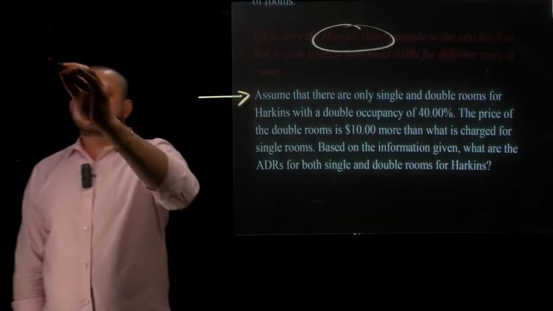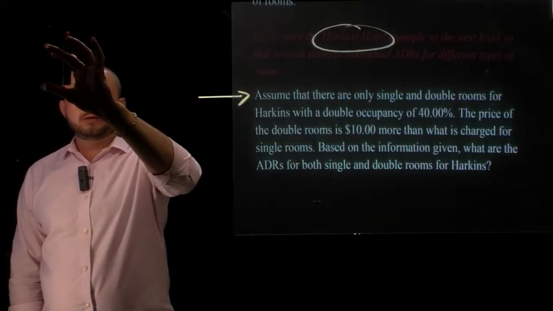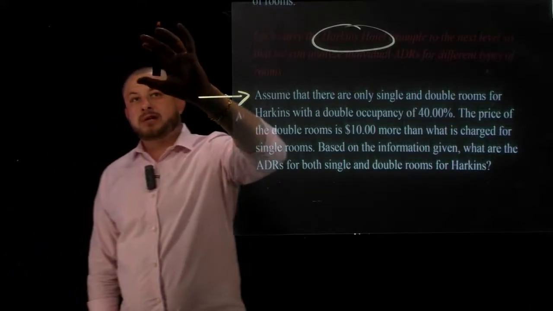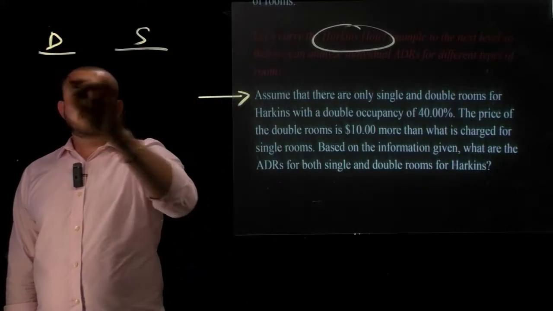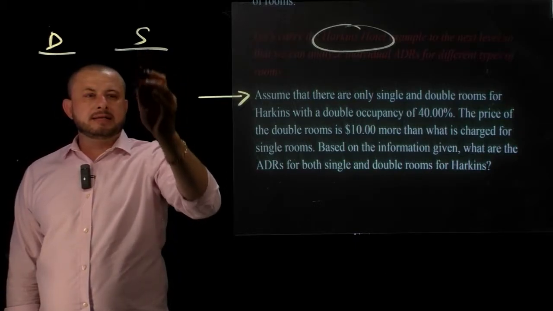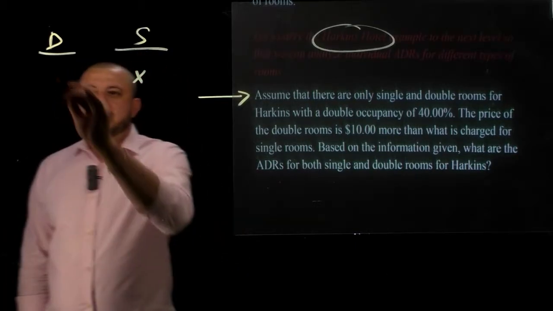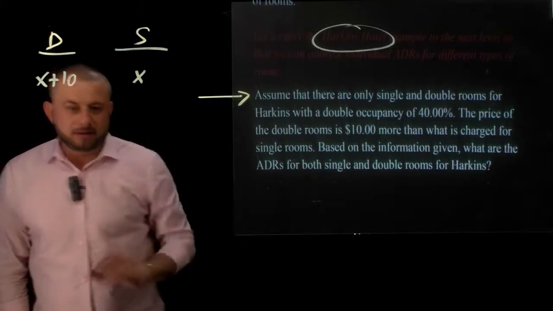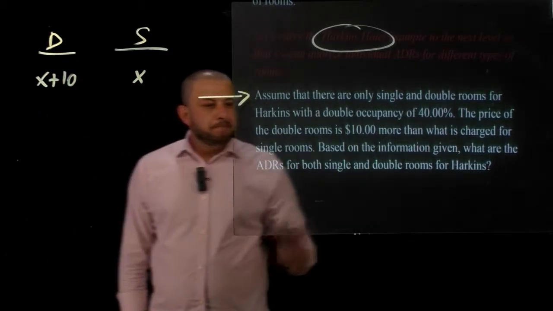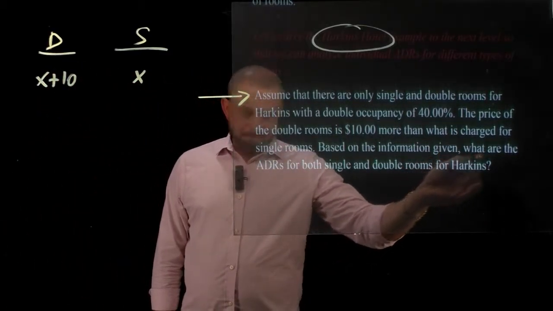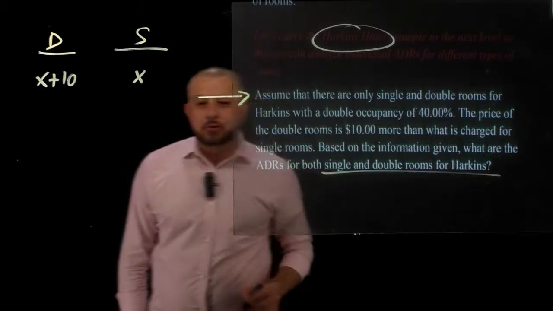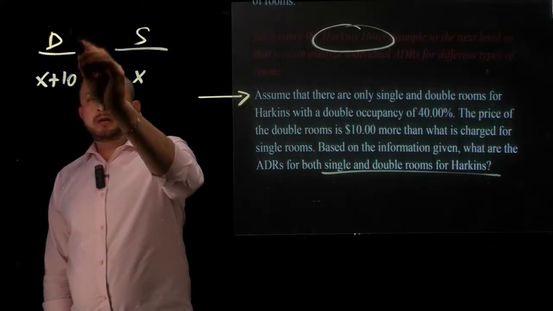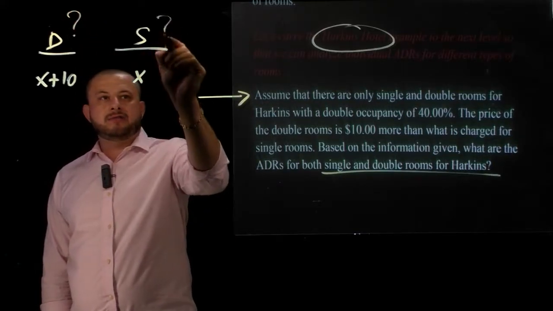So we have a price for double rooms right here, we don't know that yet, and we have a price for the single rooms right here. Double rooms with D, single rooms with S. If we are charging single rooms X amount of dollars, double rooms will be X plus 10, okay? Based on the information given, what are the ADRs for both single and double rooms for Harkins? So we are looking for ADR for this guy, ADR for this guy.